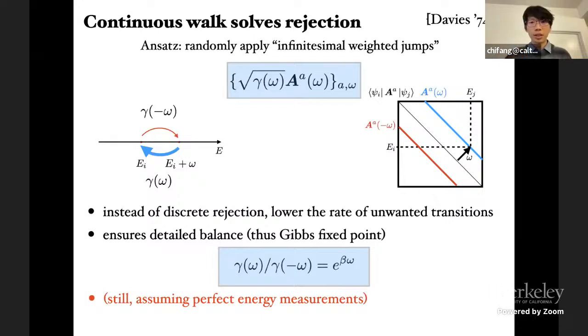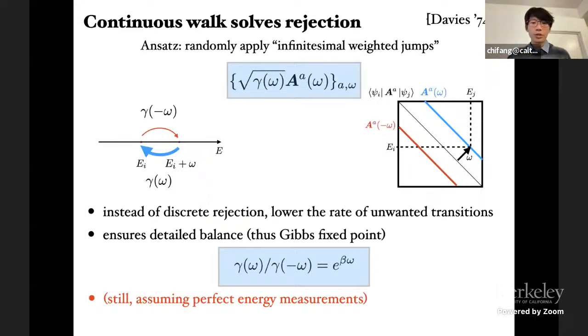Now you can take these transitions to be these favorite amplitudes of A sandwiched between energy states, the ones that we have been talking about. And now, instead of doing a rejection step, all you do is simply lower the rate of the unwanted transitions. So you really just multiply these infinitesimal transitions by the appropriate weights.